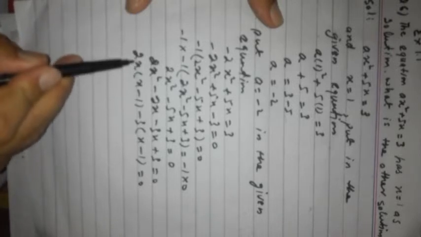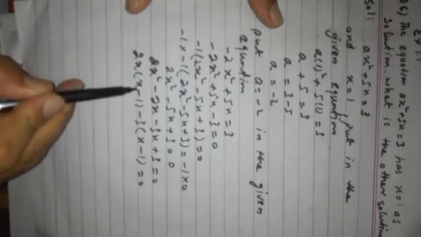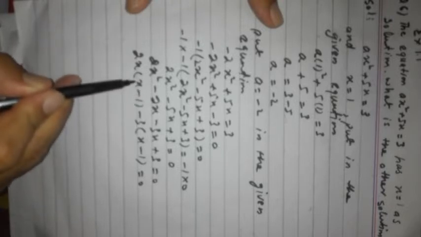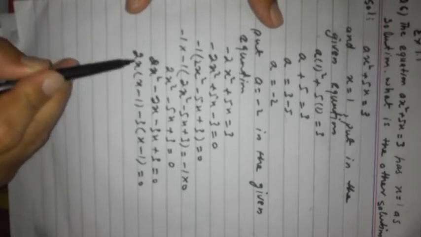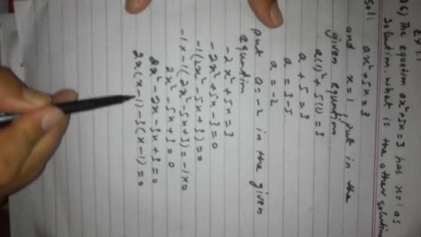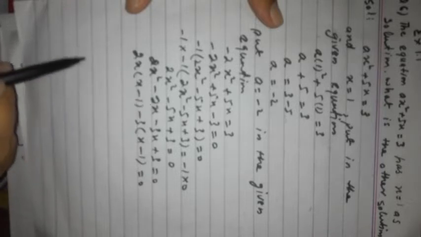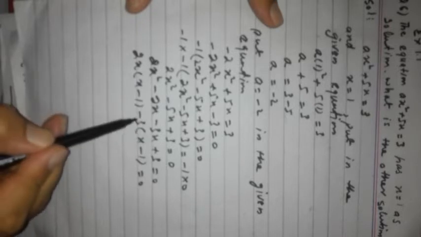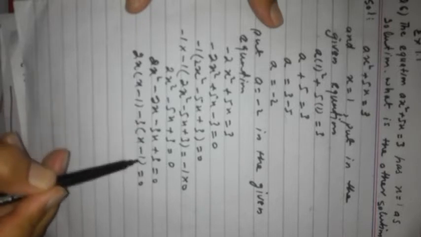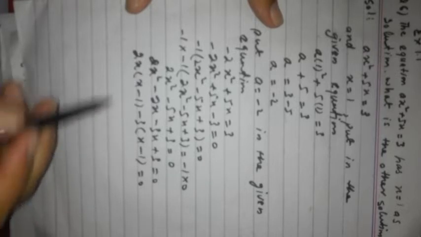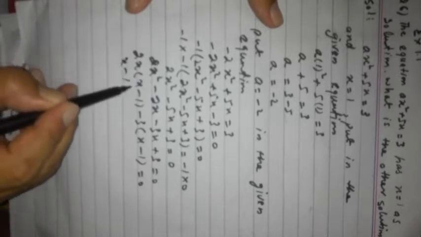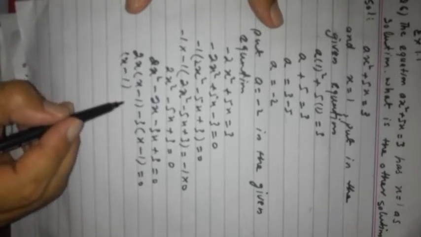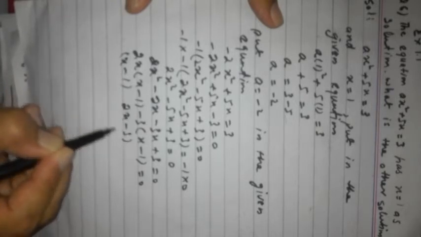If we multiply 2x with this, we will get 2x into x we get 2x square, and 2x into minus 1 we get minus 2x. Similarly, minus 3 into x we get minus 3x, and minus into minus plus 3 times 1 is 3. Now take x minus 1 common, so we get 2x minus 3 equals to 0.